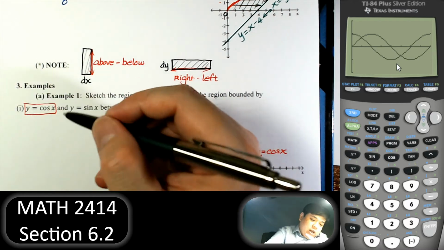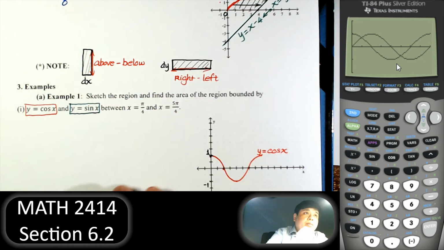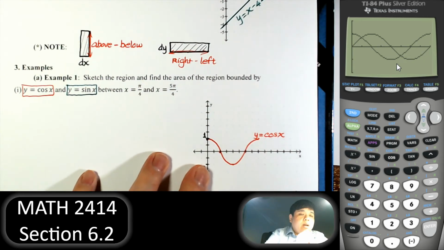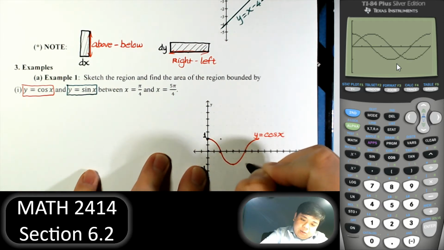And now y equal to sine x. The curve is going to be like this.